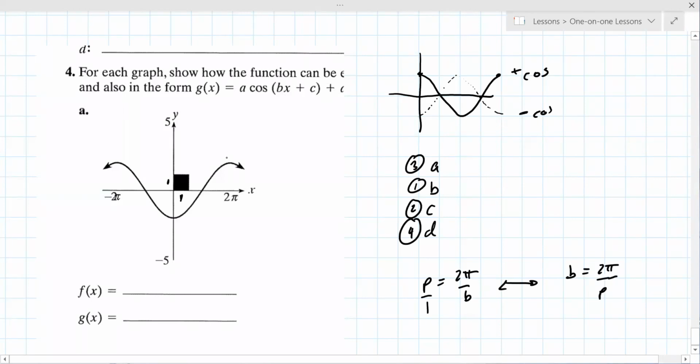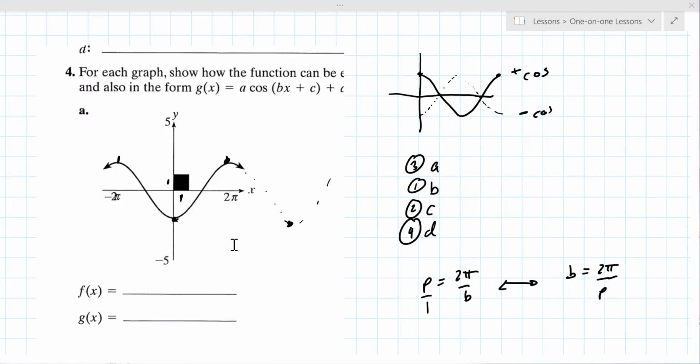You can go peak to peak, or you can go valley to peak and double it. We don't have it here, but you could also go valley to valley. Or you could go from where it starts to where it comes back to where it starts. Lots and lots of options. You pick the one that you like.